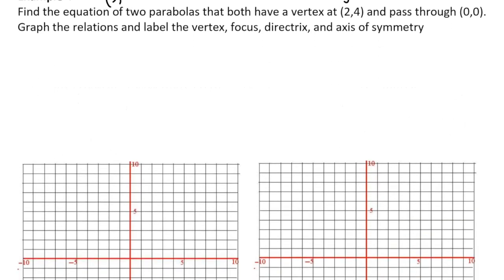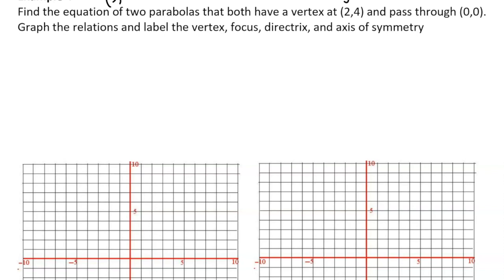Okay, so here's our culminating example. If we have something here where they're saying now, find the equation of two parabolas that both have a vertex of (2, 4), pass through (0, 0), graph the relations, and label the vertex, focus, directrix, and axis of symmetry.